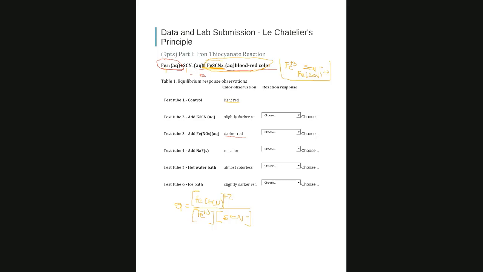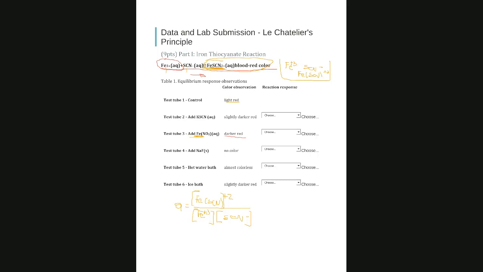So what they want us to do next is to say, does it make sense here? You said, okay, the reaction shifts toward the product as you see a darker red, and you know that the red is the color of the product. Now they are saying, tell me if it makes sense with Le Chatelier principle. And then we will have to do the Q. What is the expression of the Q? We are adding iron.